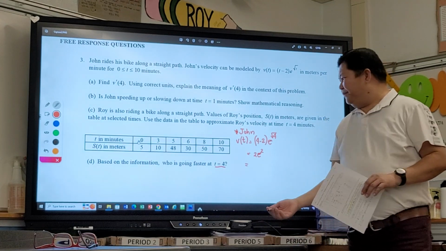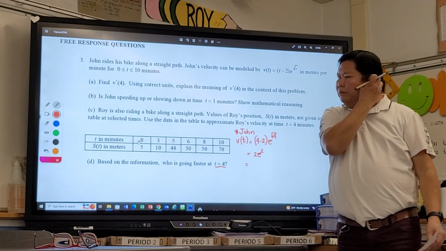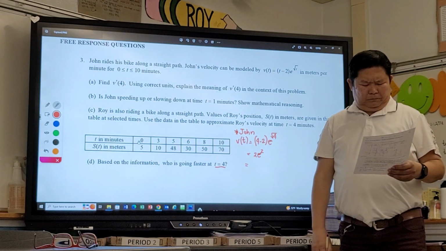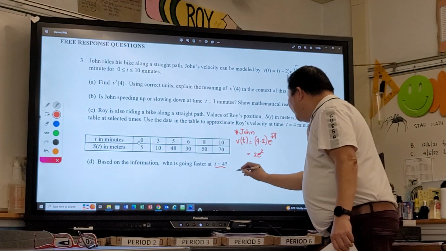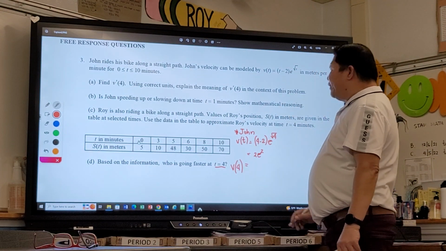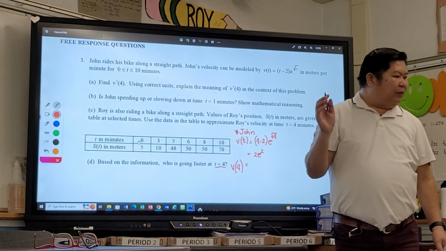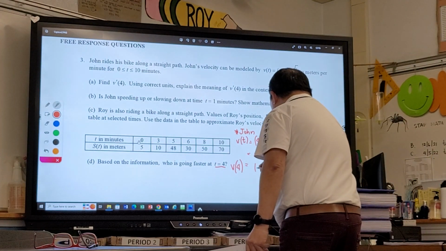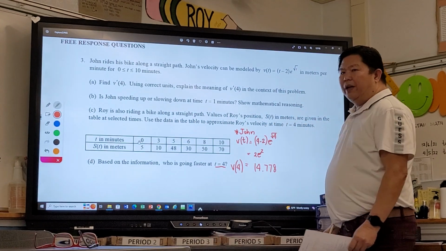Calculator, please. 2 times e squared. So V4. What is the velocity of John? Anybody? Say it loud. 14.778. This is the velocity of John.